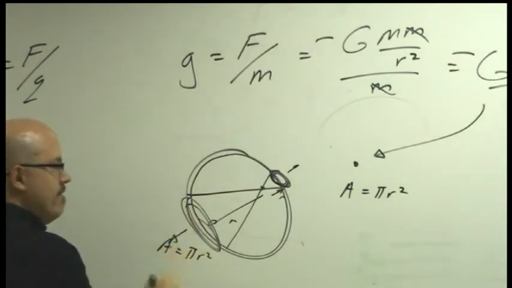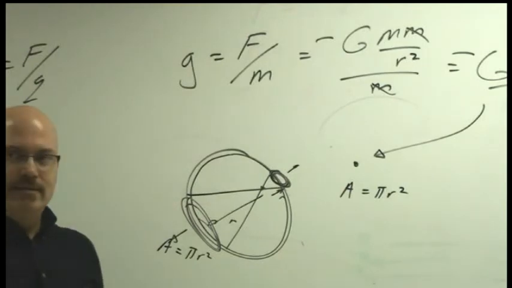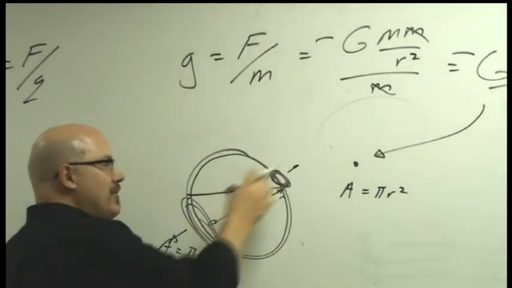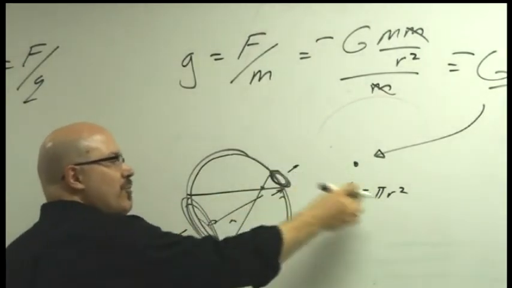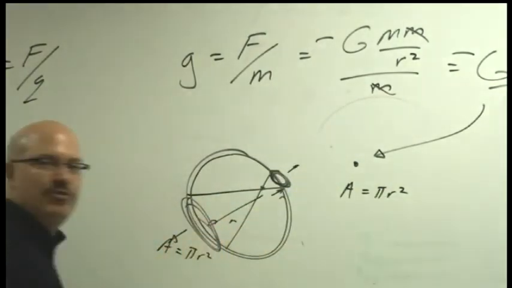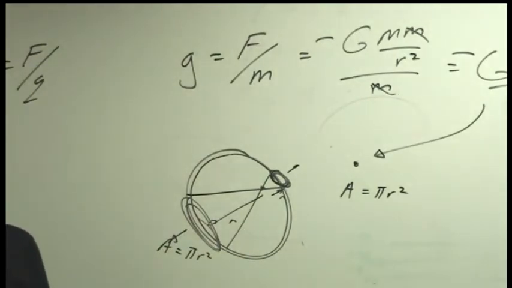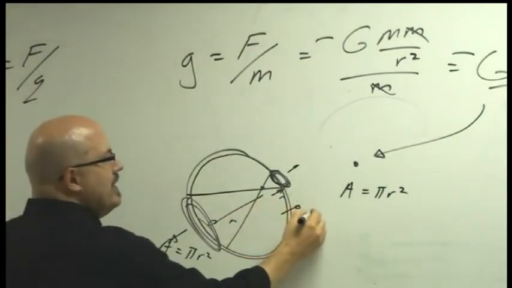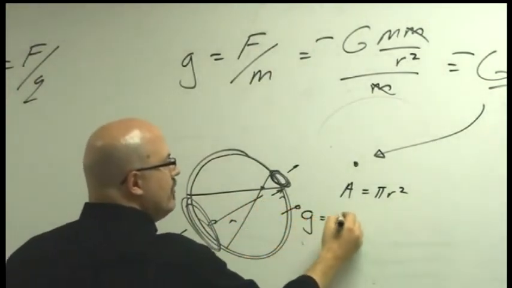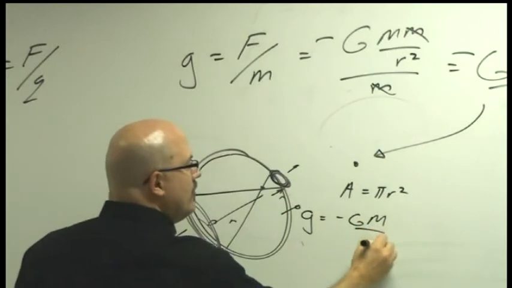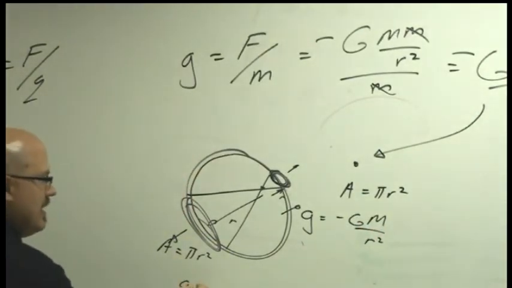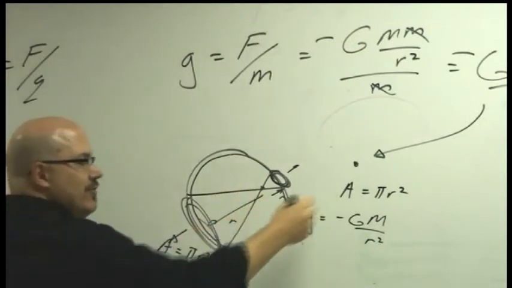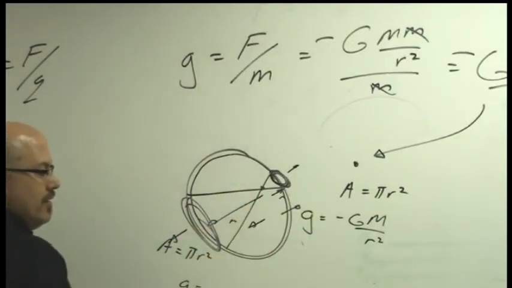And if it has the same density, then we can relate the mass, because the densities are the same: the mass over here is proportional to pi r squared, and the mass over here is proportional to pi r squared. Okay, now watch. Since the gravitational field this way is g equals negative G m over r squared, and over here it's also negative G m over r squared, you have a gravitational field pulling this way and this way, so you have to add them up.